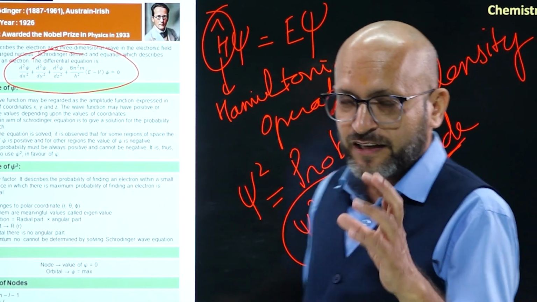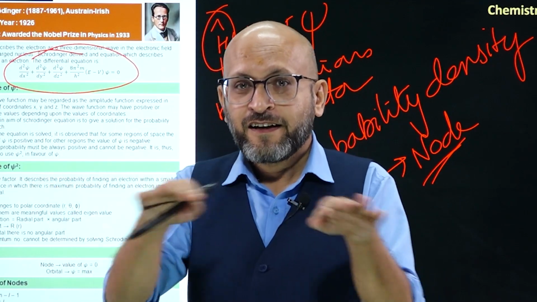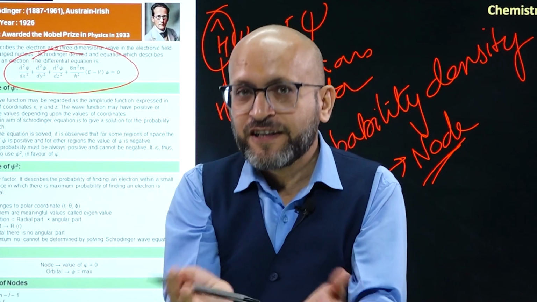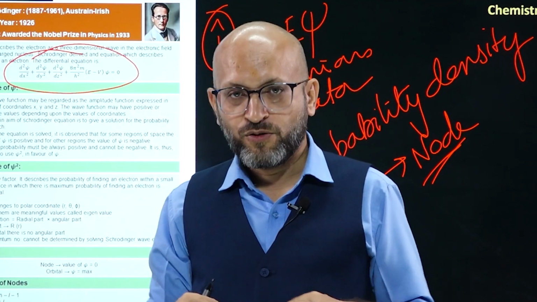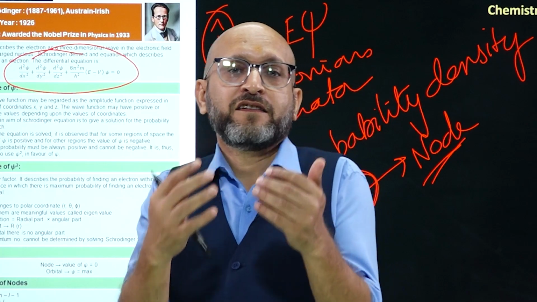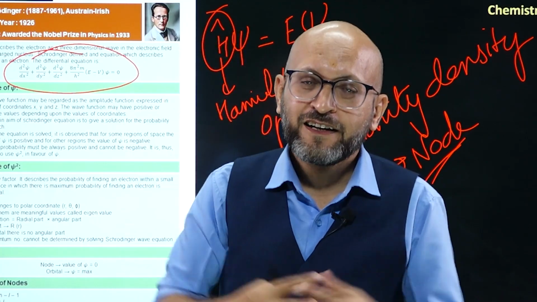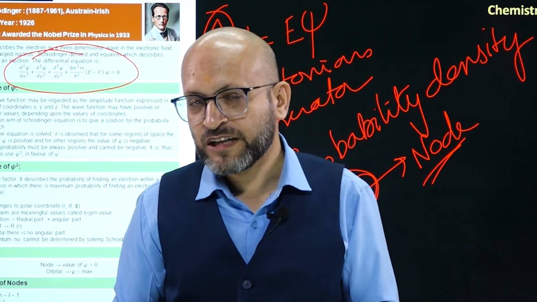If we are talking about a nodal plane, then psi squared will be 0. If we are talking about a spherical surface, we will call that a radial node. To calculate how many nodal planes and how many radial nodes there are, we have formulas.